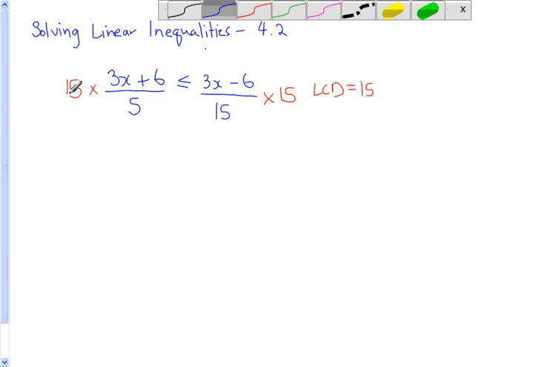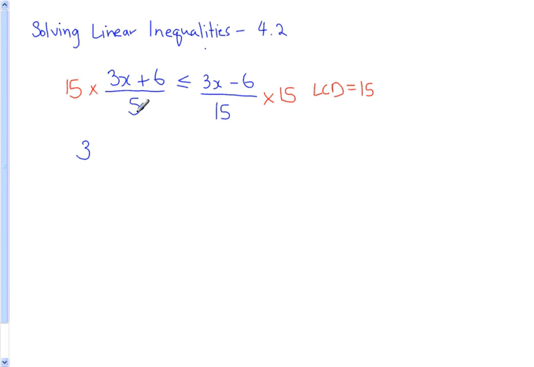So how many times does 5 go into 15? 5 goes into 15 3 times. So now I can cross this out and write 3. So I get 3 times 3x plus 6, which is less than or equal to, and 15 and 15 go in 1 time. So then I'm just left with 3x minus 6.